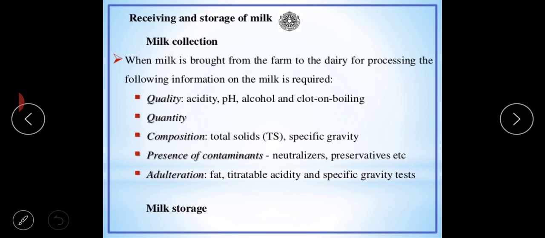And the composition, like total solids and specific gravity. And the presence of contaminants like neutralizers and preservatives, etc. And any adulteration, checked by fat, titratable acidity, and specific gravity tests, etc. After doing all these parameters, the milk has to be stored.